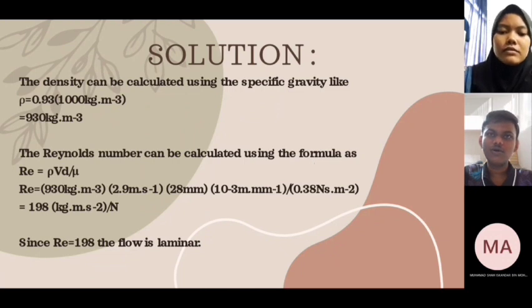So we take all the values and get 913 times 2.9 times 28 millimeters, divided by 0.39. So the flow is laminar flow because the Reynolds number is under 2000.